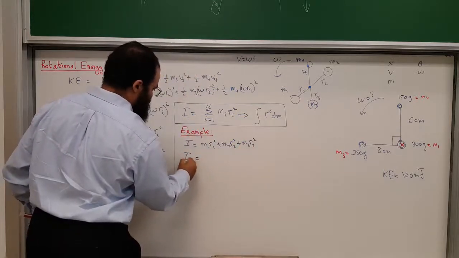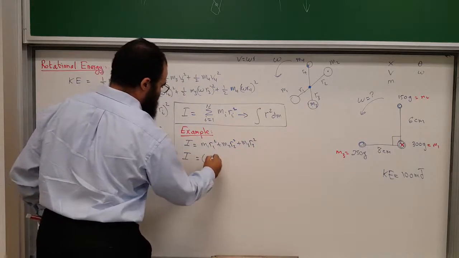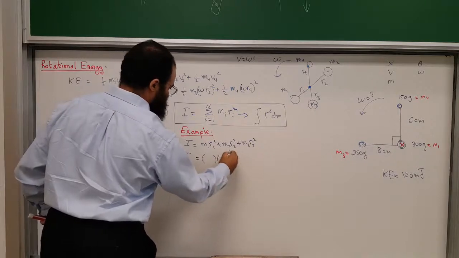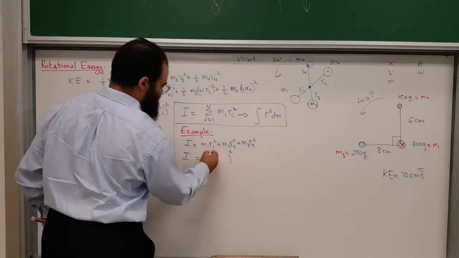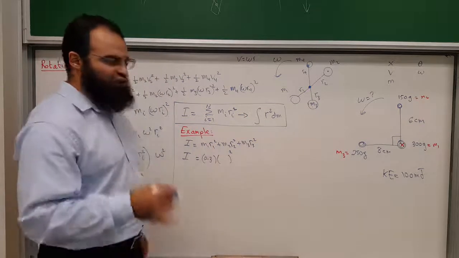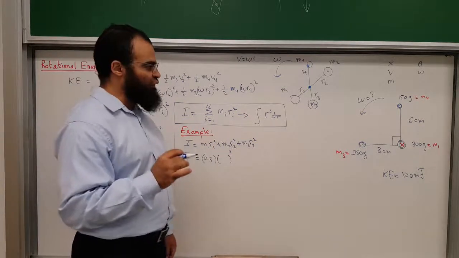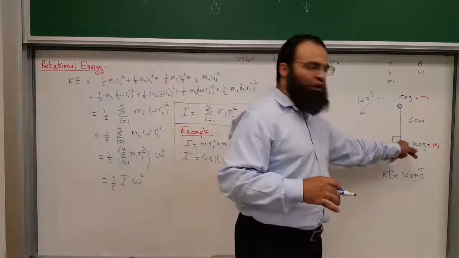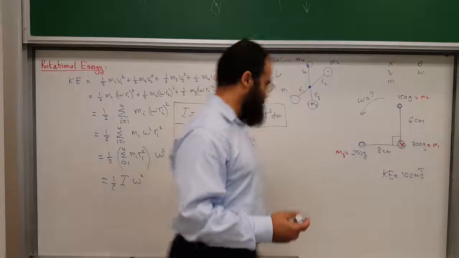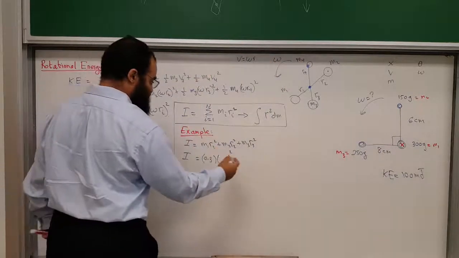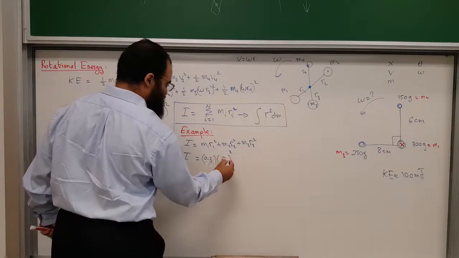But remember what r stands for. M1 is 300 grams or 0.3 kilograms. R is the distance from the mass to the axis of rotation. Well, M1 is located at the axis of rotation, so it's at 0. So the distance from it to itself, which is the axis of rotation, that's 0.